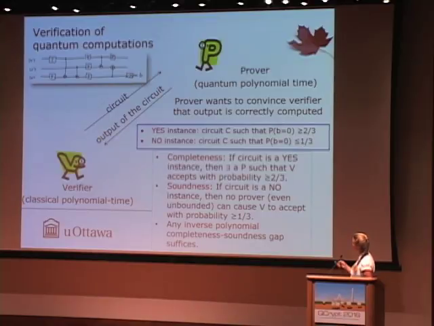This is a little bit more technical. Completeness: if a circuit is a yes instance, then there should exist a prover such that the verifier accepts with probability at least 2/3. Soundness: if this is a no instance, no prover, even unbounded, can cause the verifier to accept with probability greater than 1/3. These numbers, 2/3 and 1/3, are kind of arbitrary. What's important is that there's a completeness-soundness gap that's inverse polynomial.